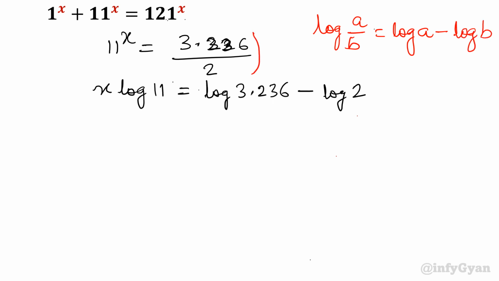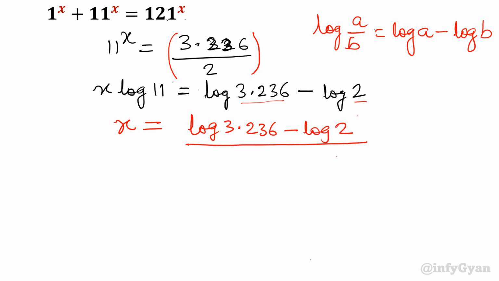So this is your a and b. So log a minus log b. Now divide both sides by log 11. So x will be equal to, log 11 will get cancelled out, log of 3.236 minus log 2 over log 11.